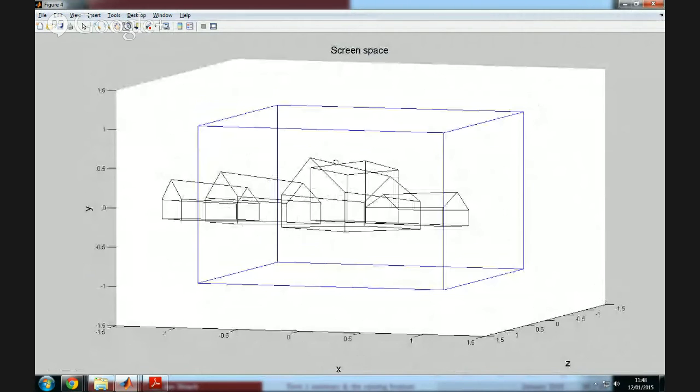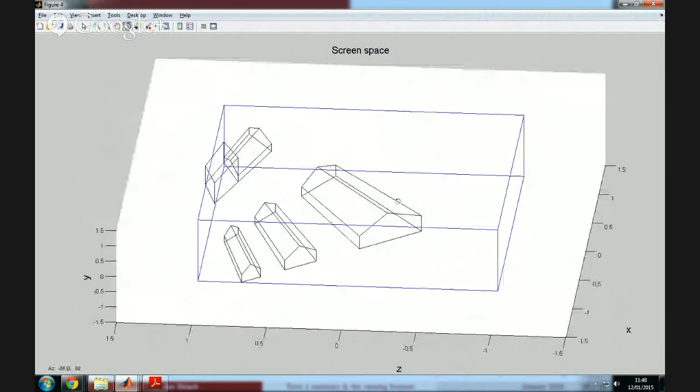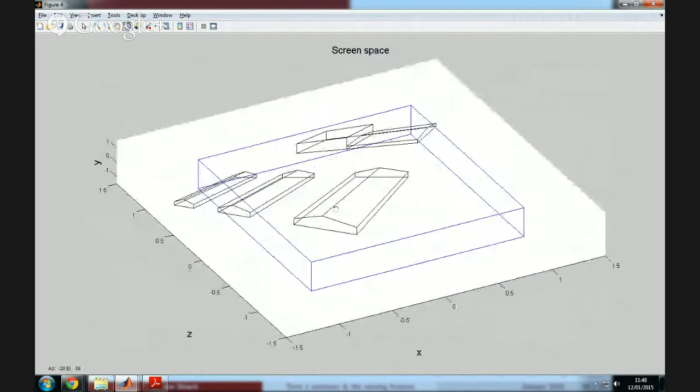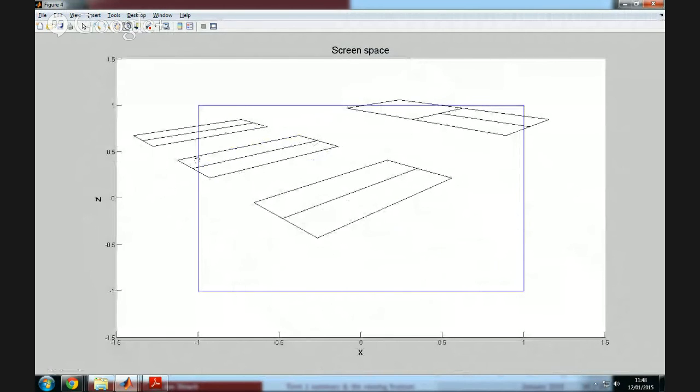So that combines the perspective projection with the scaling of that viewing frustum. And you can see now we've still got the same bits of the building which need to be clipped. It's a lot easier to clip to a cube than it is to clip to that sort of slopey edge viewing frustum.